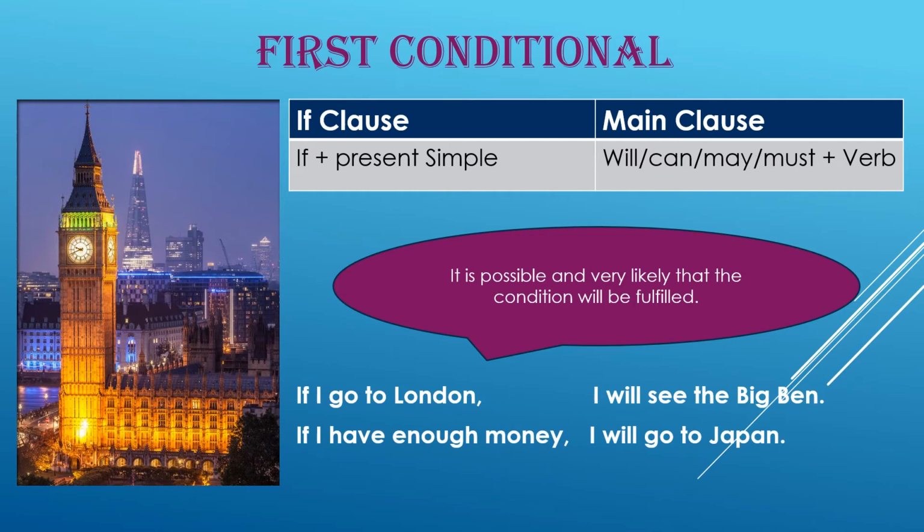For another example, if I have enough money, I will go to Japan. If it doesn't rain, I will see you tomorrow. So in the first conditional sentences, the if clause will be in the simple present tense and the main clause will be in the future tense.